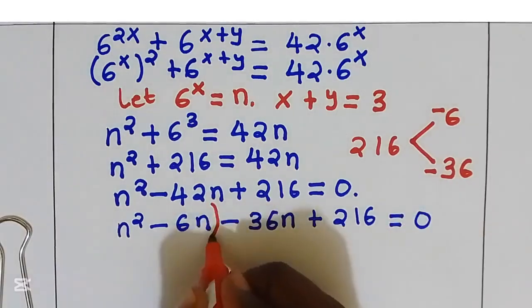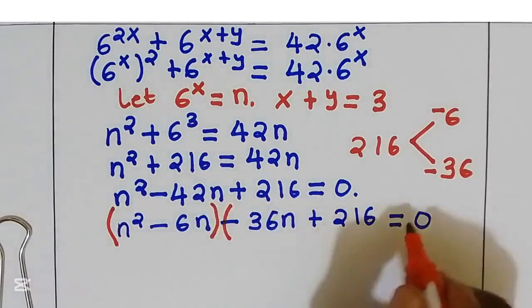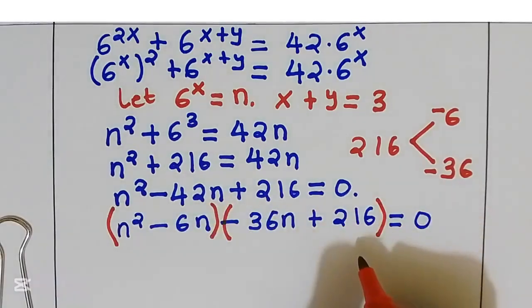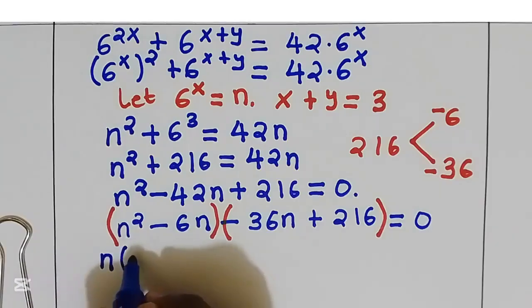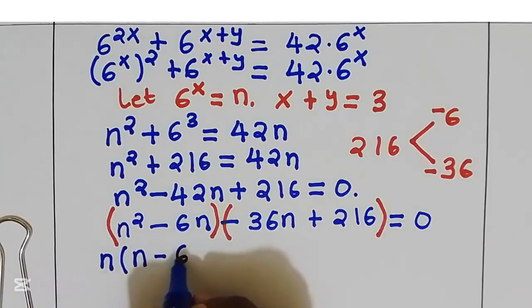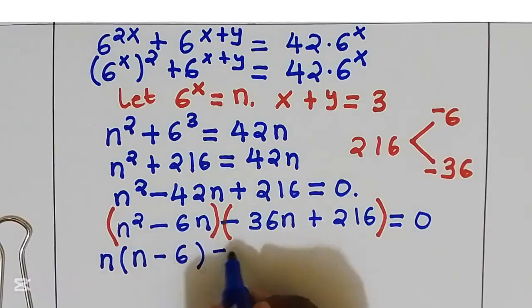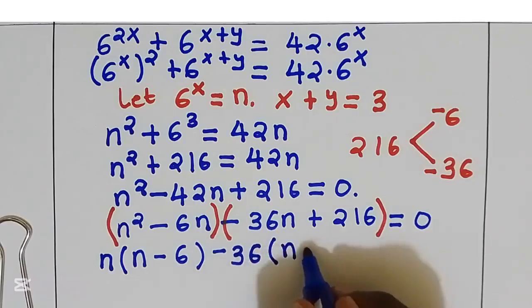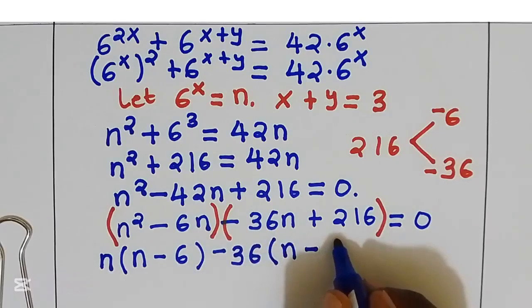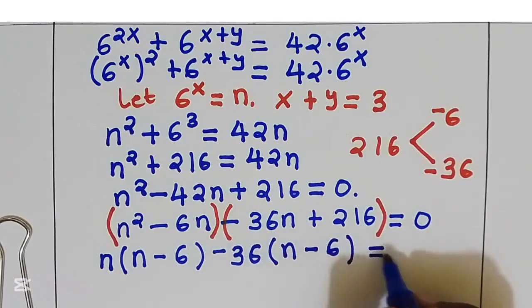I'm going to factorize. I will factor out n, it's going to remain n minus 6. I will factor out minus 36, it is going to remain n minus 6. This is equal to 0.